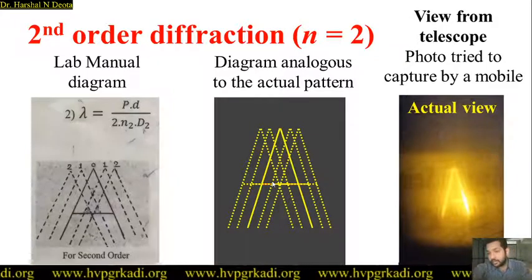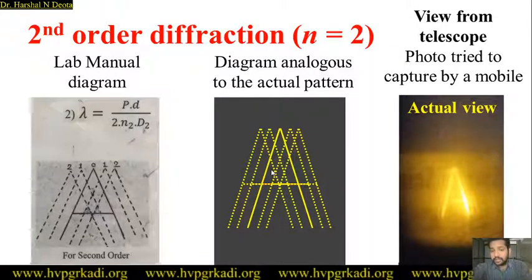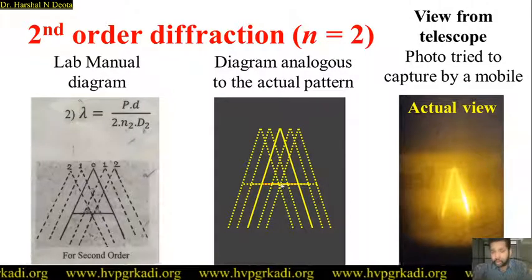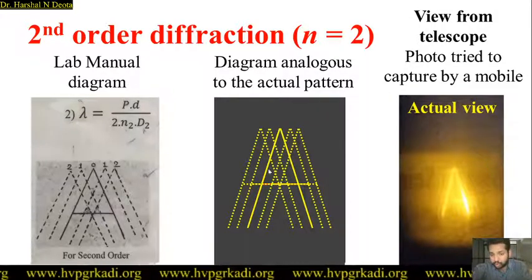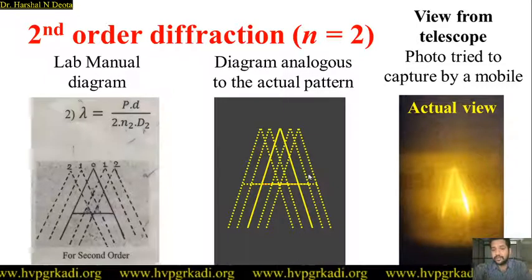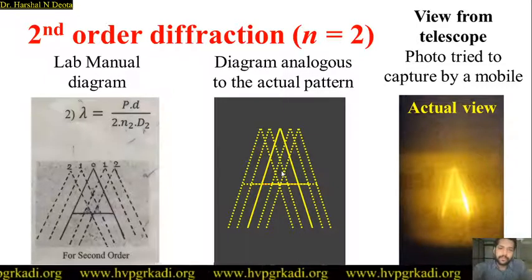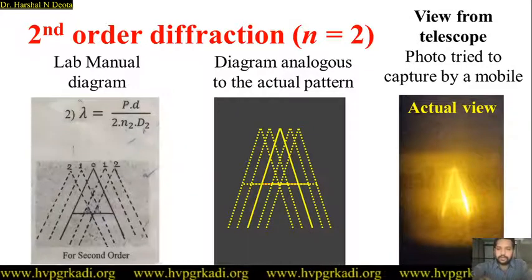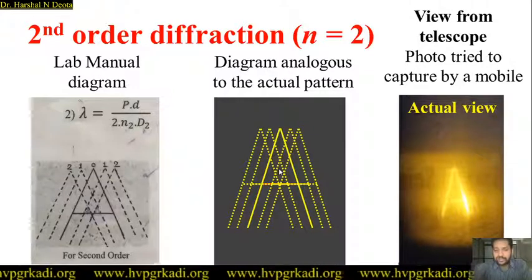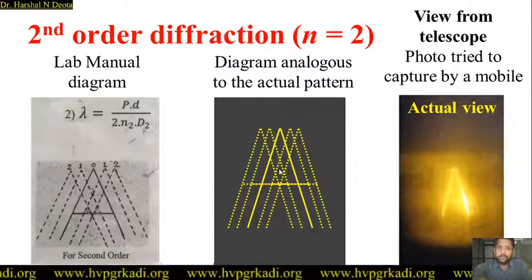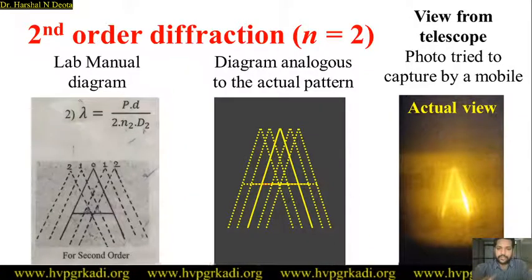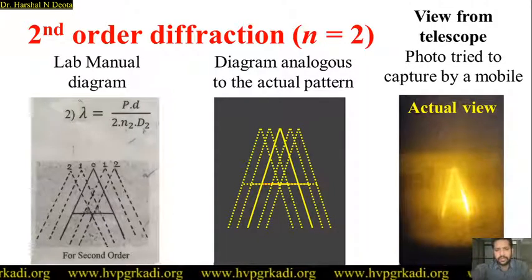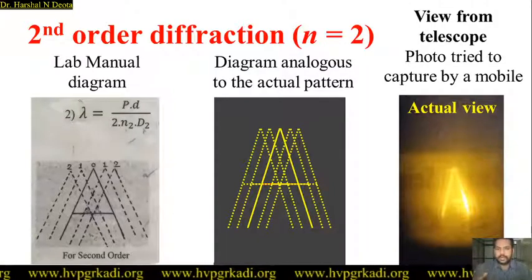But in the second order, we have four more small diamonds in that big diamond, and two small triangles and two trapezium-like shapes in the roundabout triangles. So this particular pattern is really difficult to observe. For this you need a really sharp wire gauge, really sharp Edser A plate.